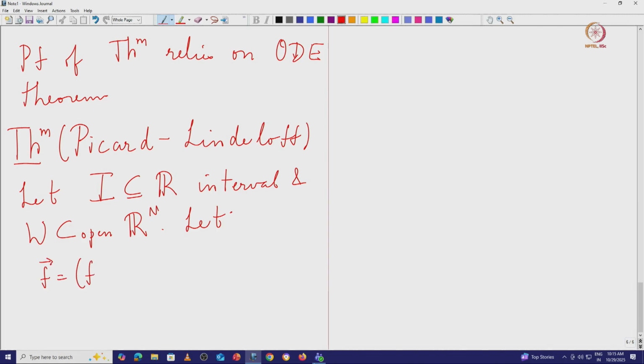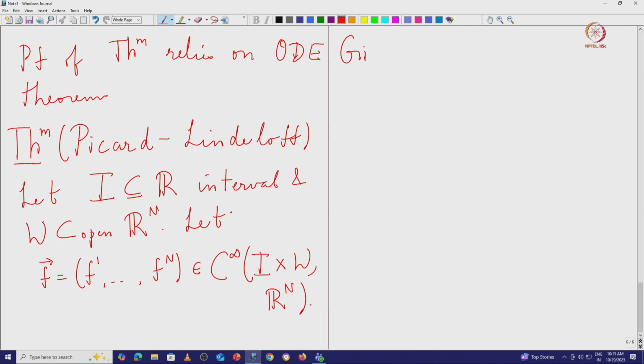with components let us say F1 up to Fn be a smooth function on I cross W taking values in again R^n. So, it has n components.